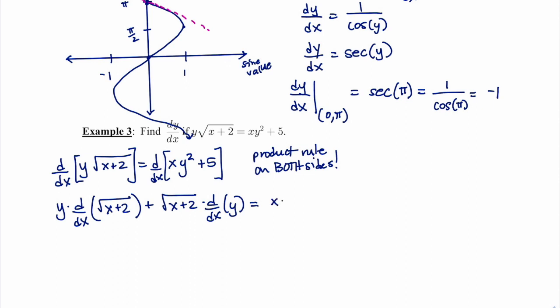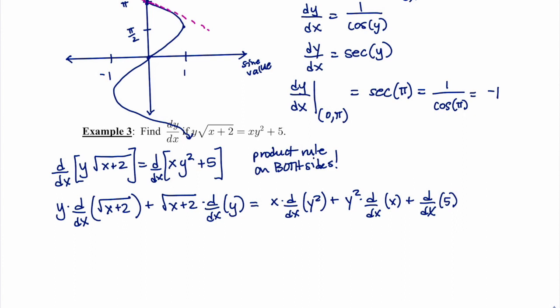So the first times the derivative of the second plus the second times the derivative of the first, plus the derivative of 5. So again, this notation of d dx in front of whatever you're trying to differentiate is really helpful here, so you can map out a plan and then actually take the derivatives.